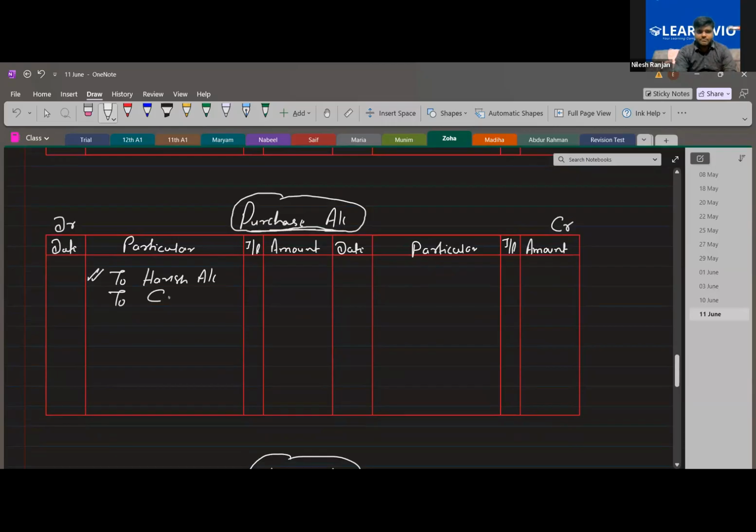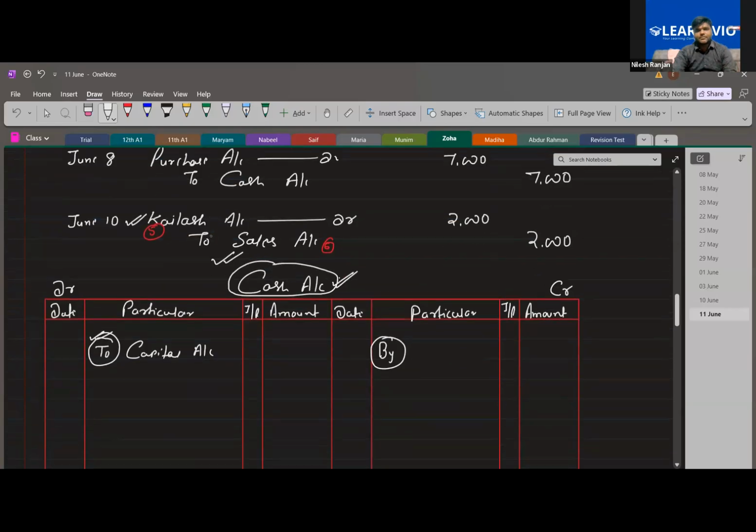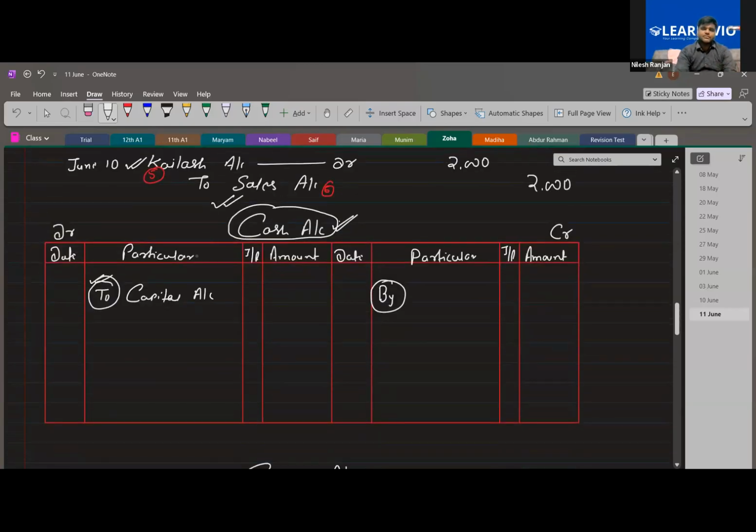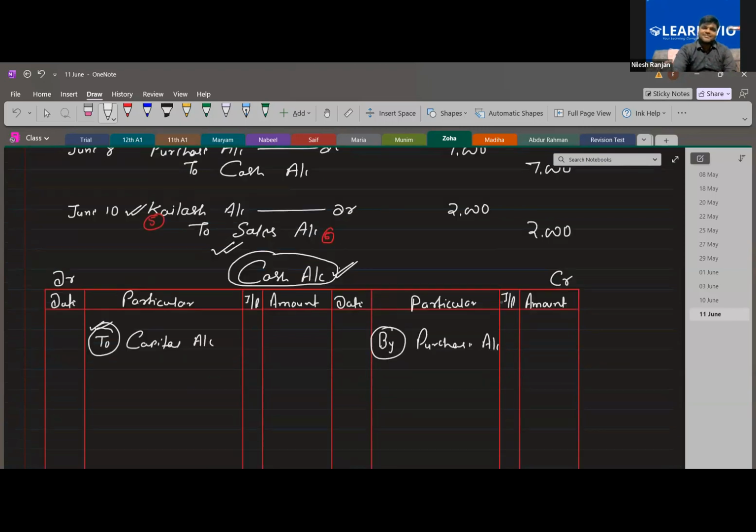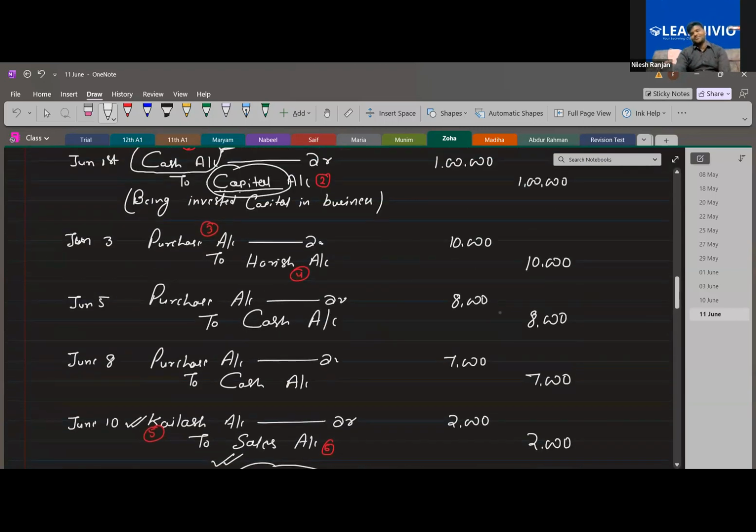Very good. And in cash account, it will be on the credit side, by purchase. Very good. Now you're understanding? Yep, I'm understanding it now.